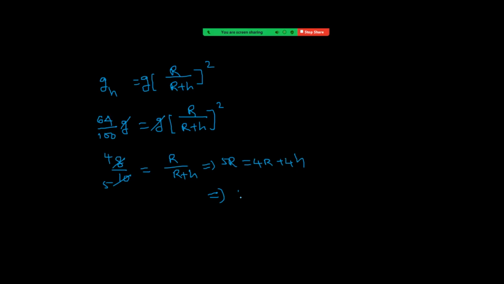That implies h equals 5R minus 4R, so it is now R by 4. Okay. We can get it directly. Right. Then see the next one.